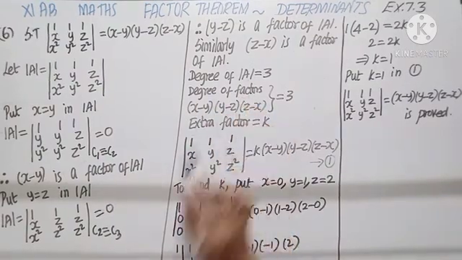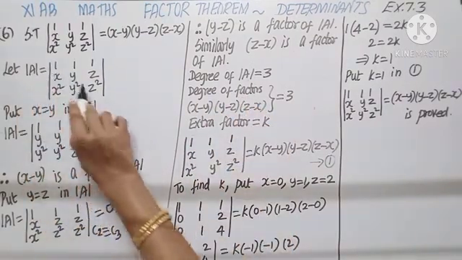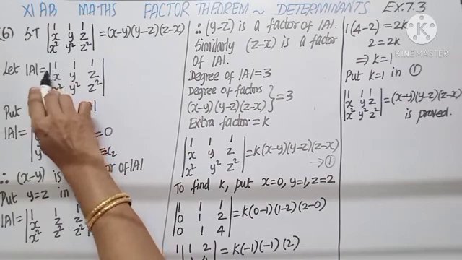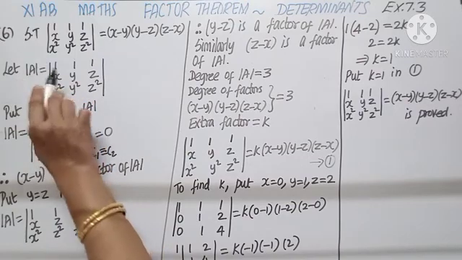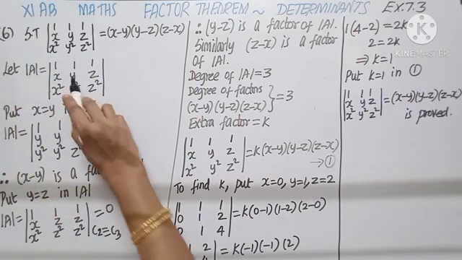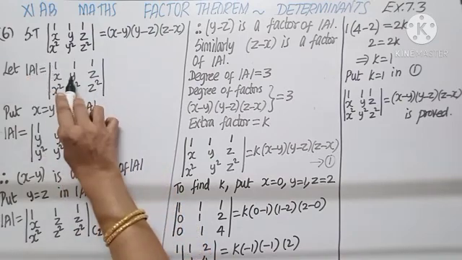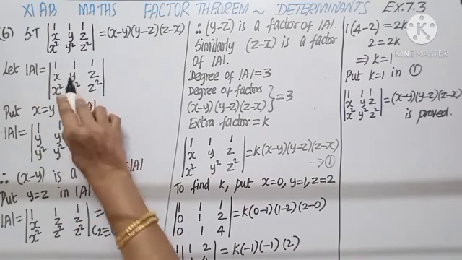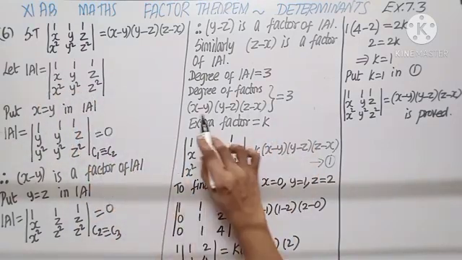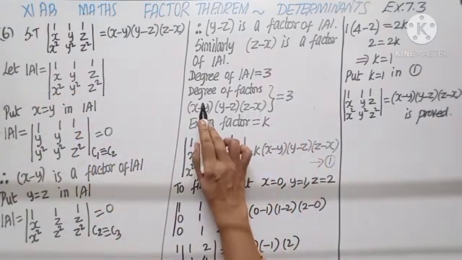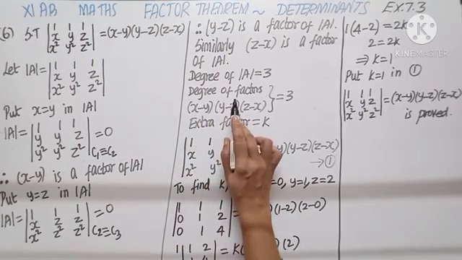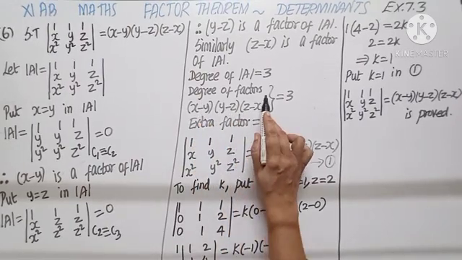Degree, when I say diagonally check the degrees. 1 being constant, the degree is 0. Forget it. Y power 1, Z power 2. So together 0 plus 1 plus 2. The degree is 3. Degree of the factors: x minus y 1 degree, y minus z 1 degree, z minus x 1 degree.